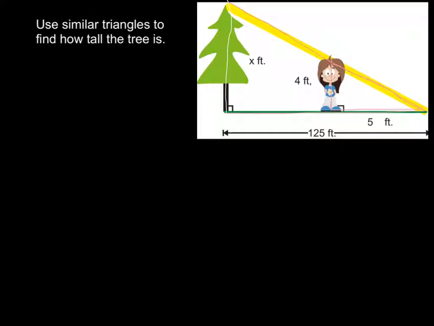So let's set up our proportion. I see that this 125 feet is from the tree. Well, it's the tree shadow. And then this 5 feet is the girl's shadow. So we could start off by saying our numerator is going to be the shadows. So we could start with the girl.